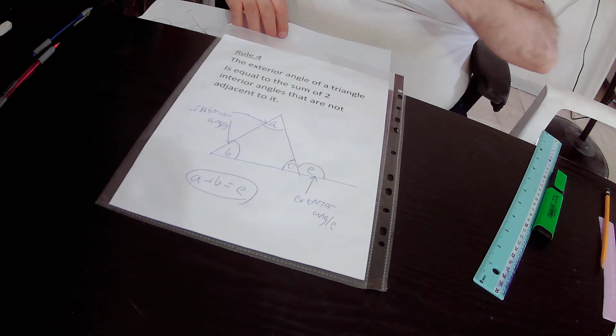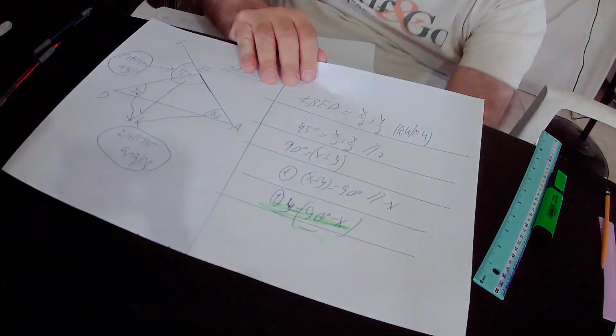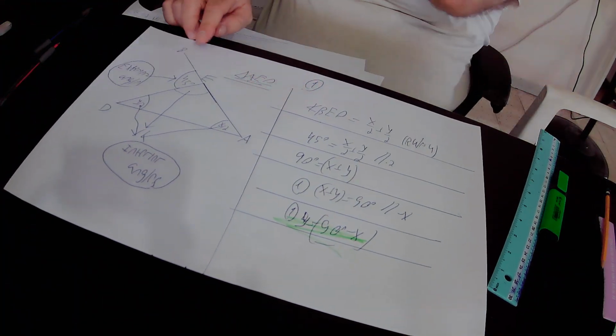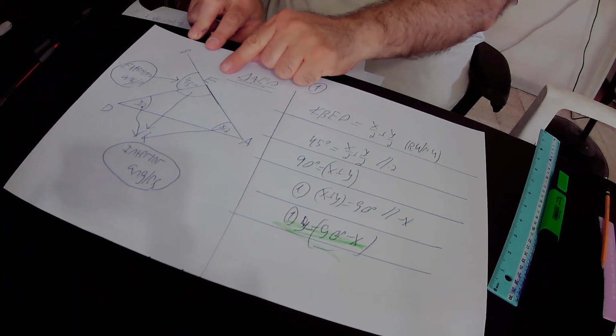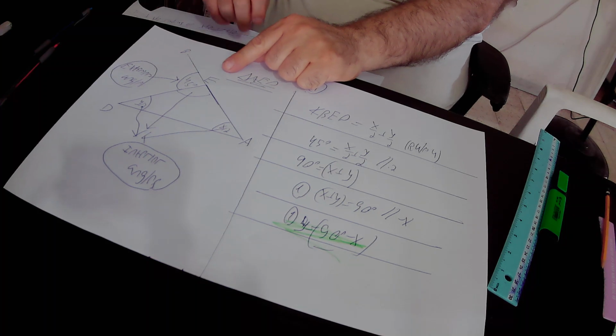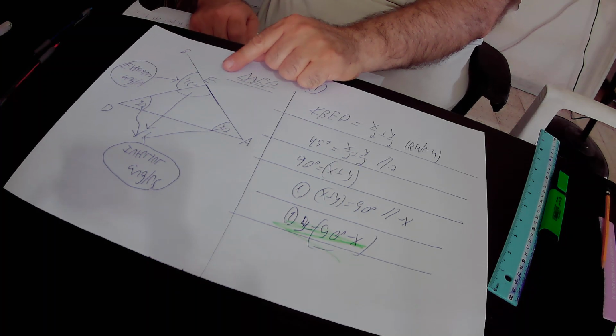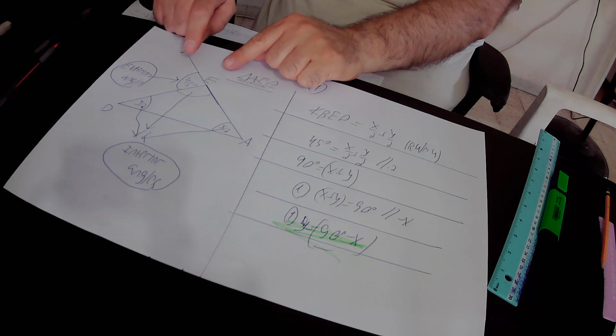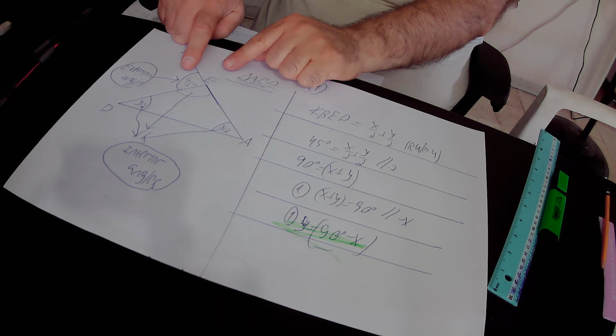So we can actually implement rule 4 in our drawing. Why? Because in our drawing, this is the external angle BED, and according to rule 4, the size of the external angle BED must be equal to the sum of the two internal angles that are not adjacent to it.